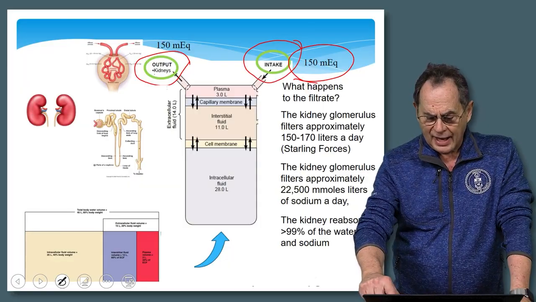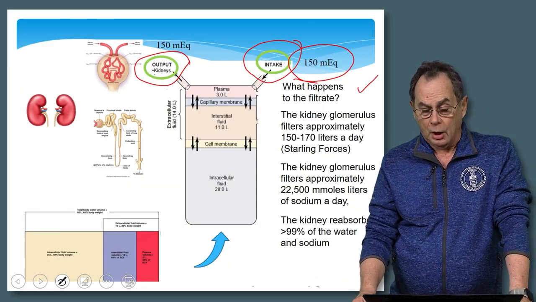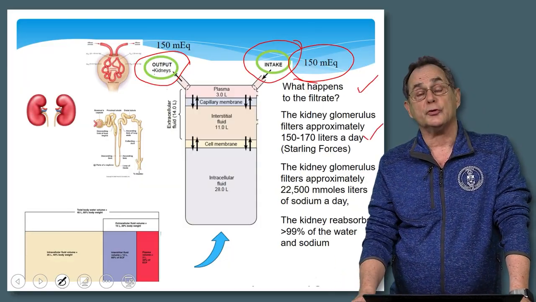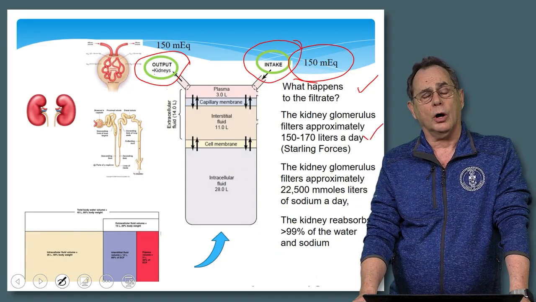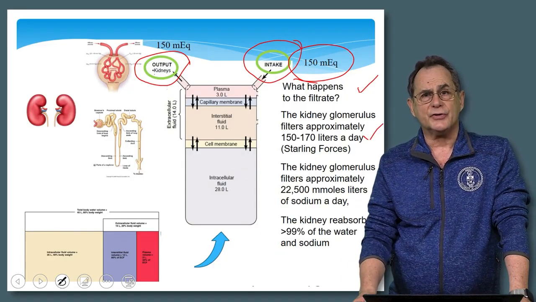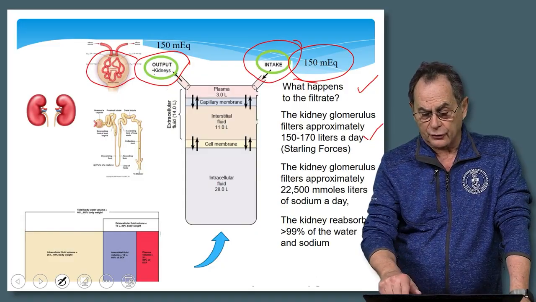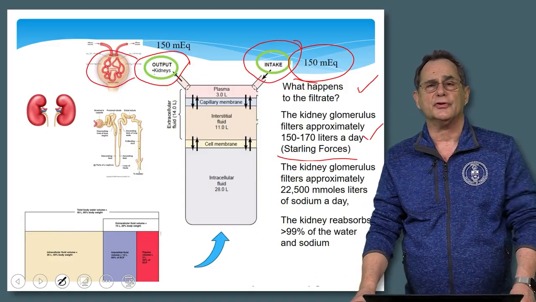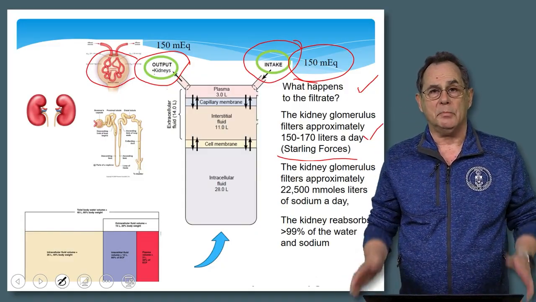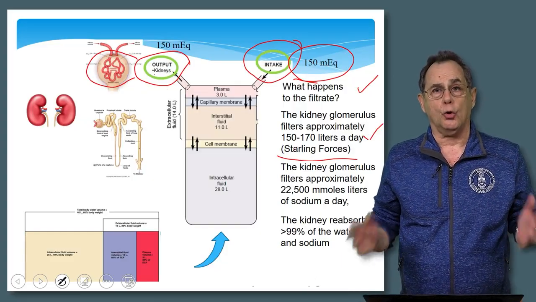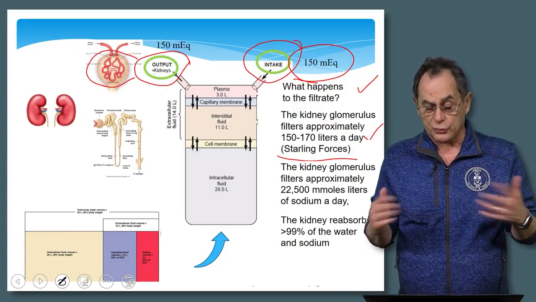So remember, what happens to that filtrate? Well, the first thing is that it filters an extraordinary volume of water. So on the basis of Starling forces, the glomerulus filters about 150 to 170 liters a day, many-fold greater than our total body water, and of course reabsorbs that.